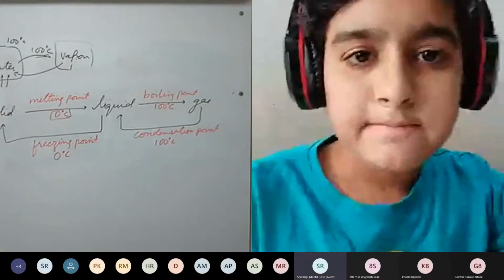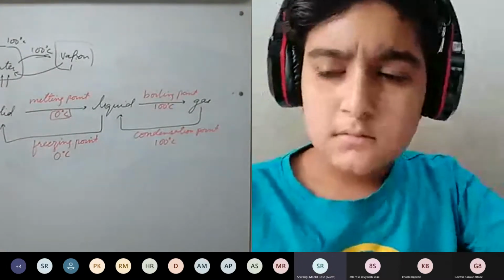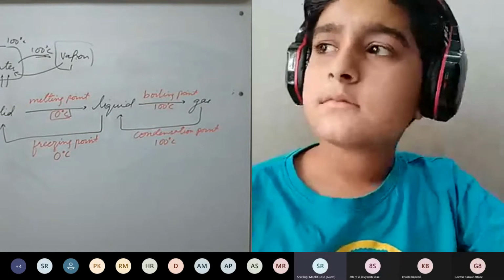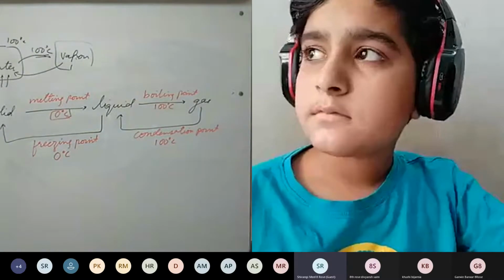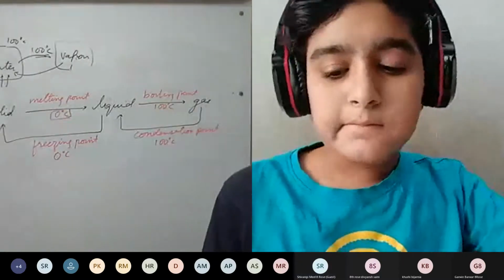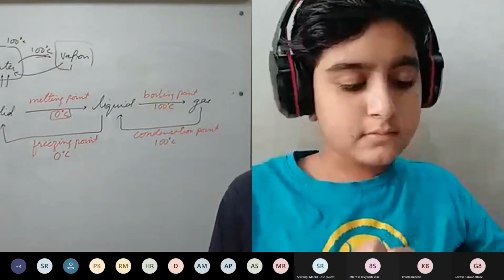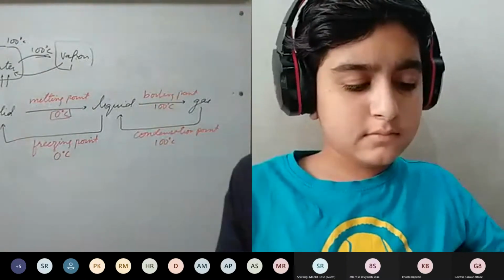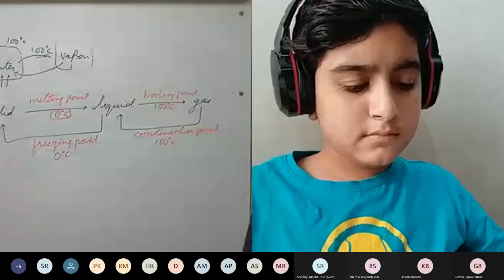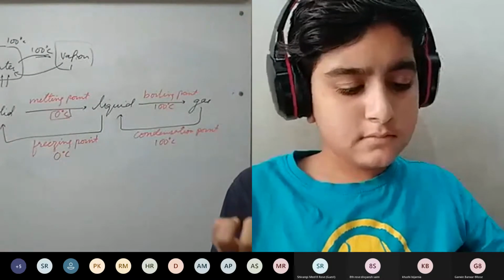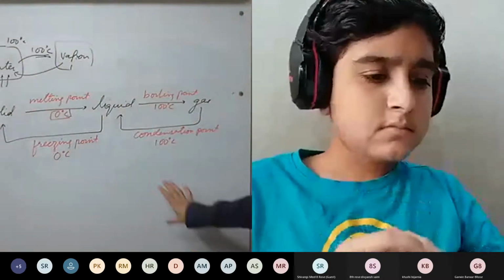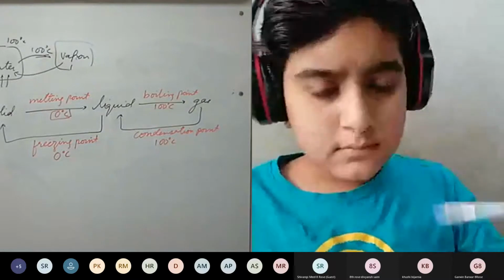They boil and condense at the same temperature, or we can say they are equal. This is very important.